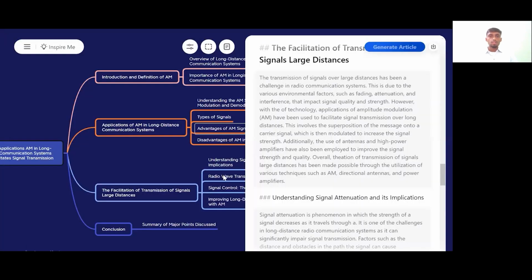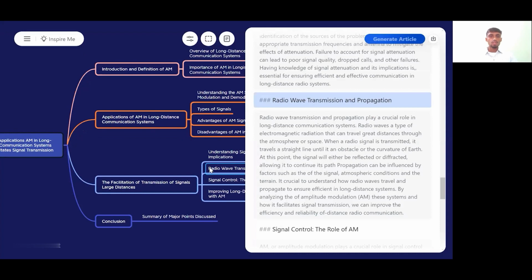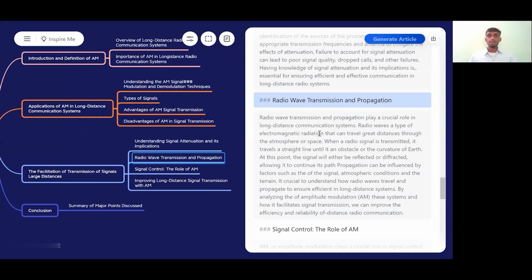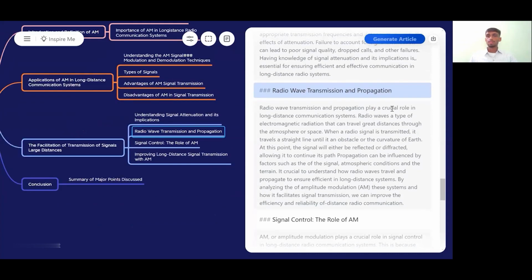Next, I am going to talk about radio wave transmission and propagation. Radio wave propagation plays a crucial role in long distance communication systems. Radio waves are a type of electromagnetic radiation that can travel a great distance through the atmosphere or space. When a radio signal is transmitted, it will travel in a straight line until it meets an obstacle or the curvature of the earth.